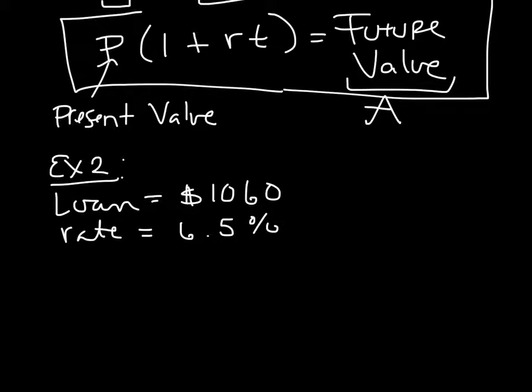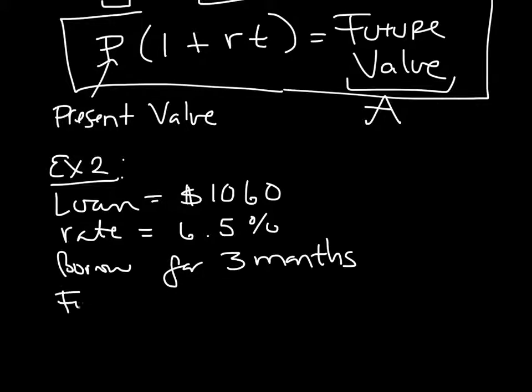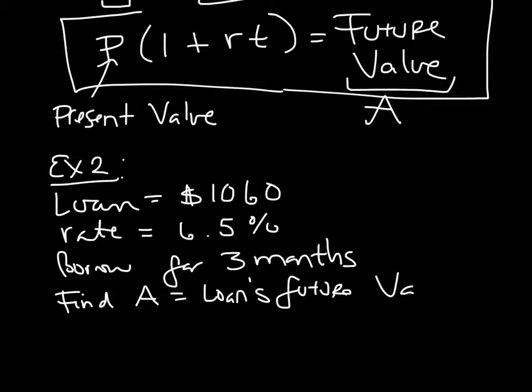You're going to borrow this money for 3 months. So you want to find the loan's future value, so we want to find the A. They're lending you 1060 for 3 months, but you're going to pay them back with interest, because they let you borrow the money.